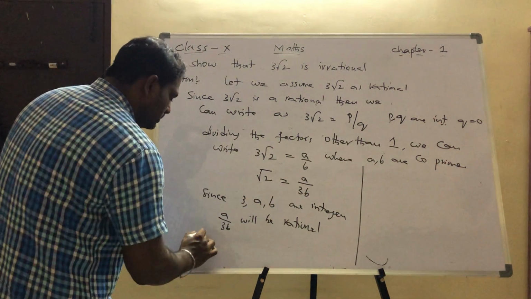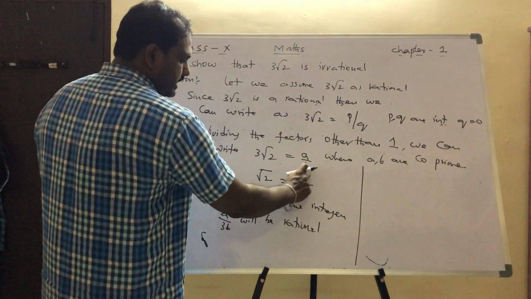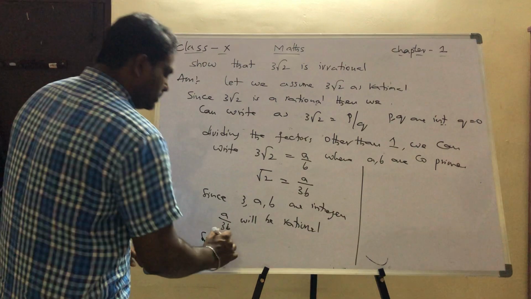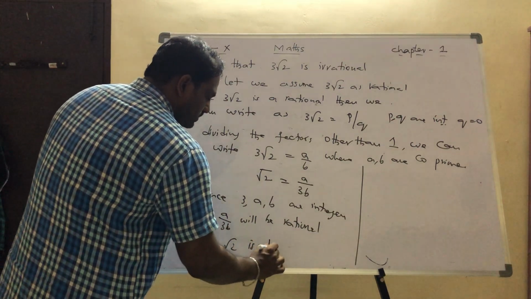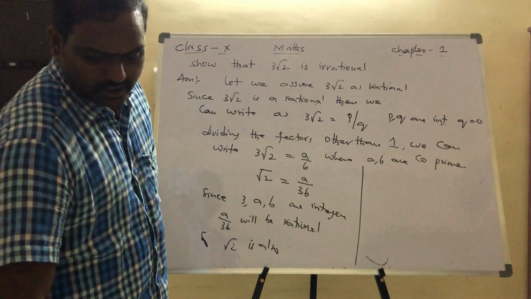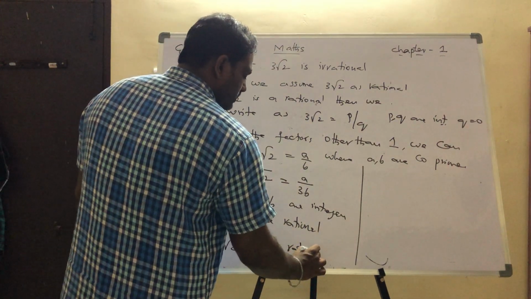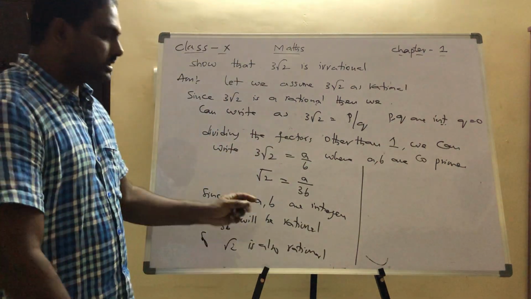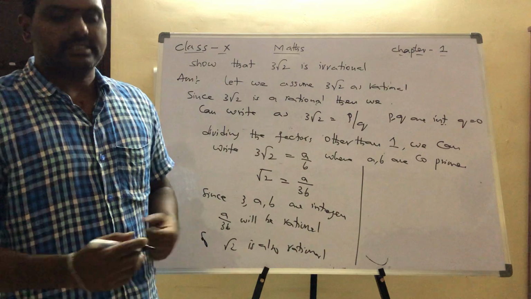So since 3, a, b are integers, a by 3b will be rational. So root 2 is also rational. But actually what is root 2? Already in the previous session what we have learned? Root 2 is irrational.